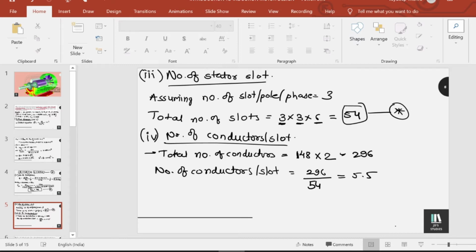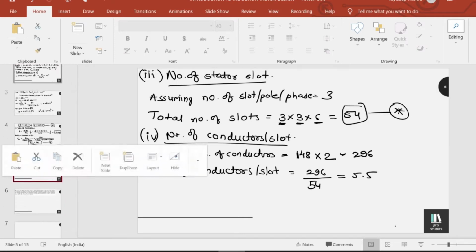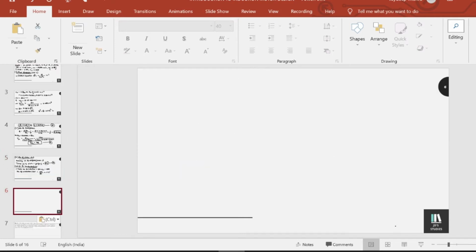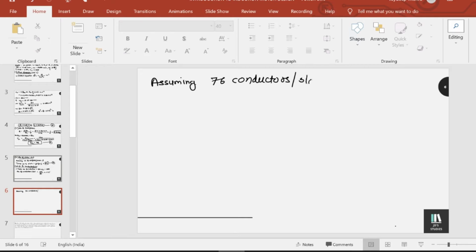So now we assume approximately 6 conductors per slot.